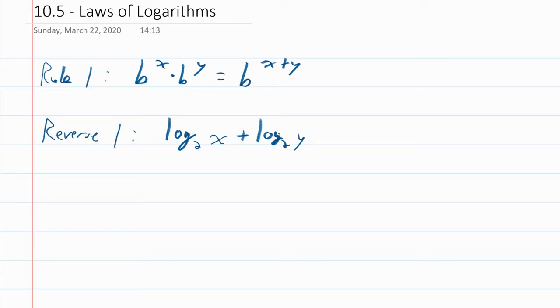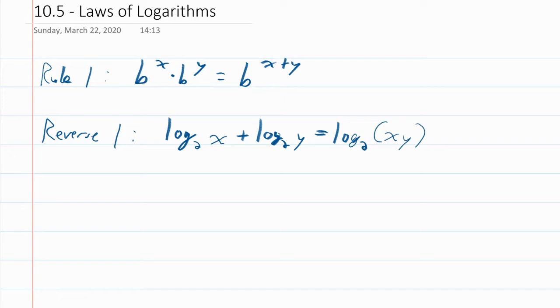Think of this as adding exponents, and when I add two exponents together, it's really like I'm multiplying their bases. So this is the same as the log base 2 of xy.